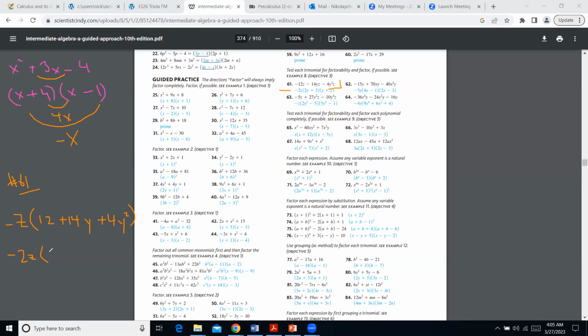I'll put 2y to the second power in the first position, because having 4y squared at the end is not something we're used to seeing when we factor. So I'll start with 2y squared. In the next place, I'm going to put 7y, because we have a squared term and then a first power of y. And finally, a positive 6.